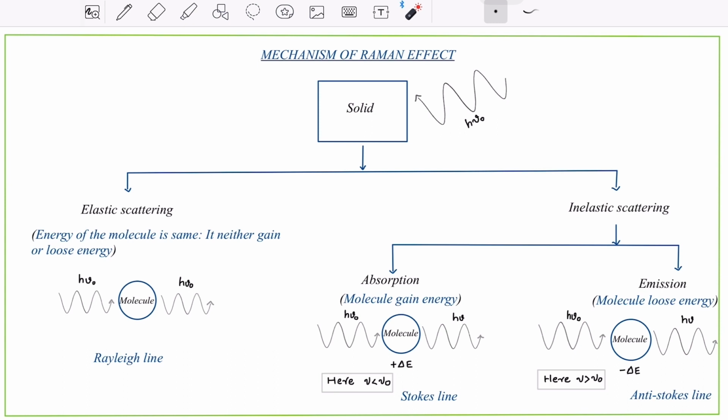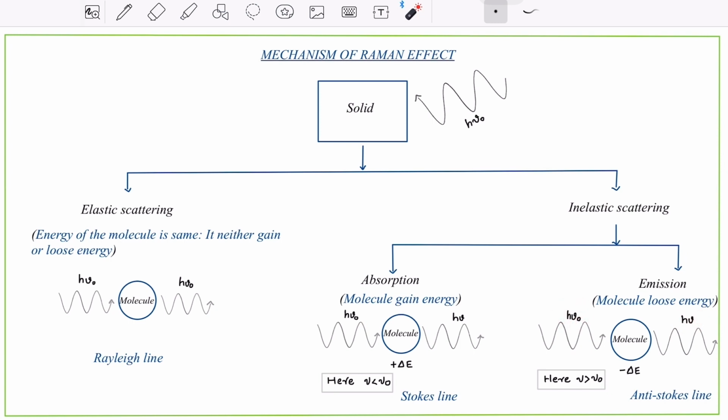Now let us see what happens in the emission process. Suppose a monochromatic beam of radiation h nu 0 is incident on the molecule. The interaction happens, but the molecule will lose part of its energy to the incident photon.